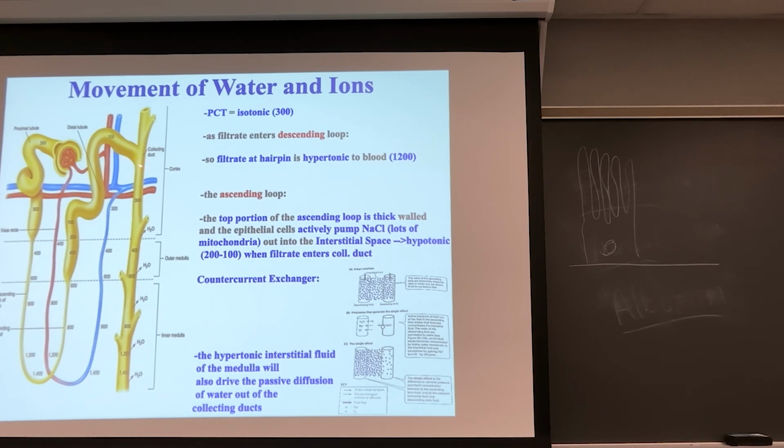That collecting duct, what does it do? It dives right back down into the medulla. So now I can use this tube to tweak how much water actually ends up in the urine. Right? That's where we'll start tomorrow.